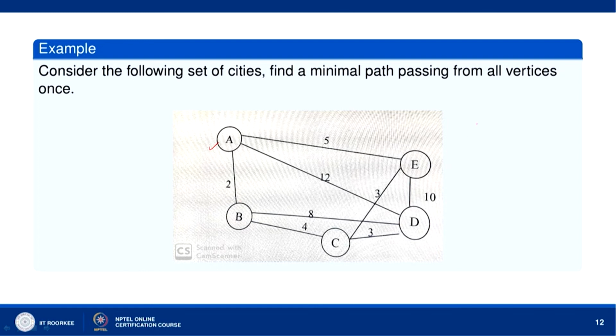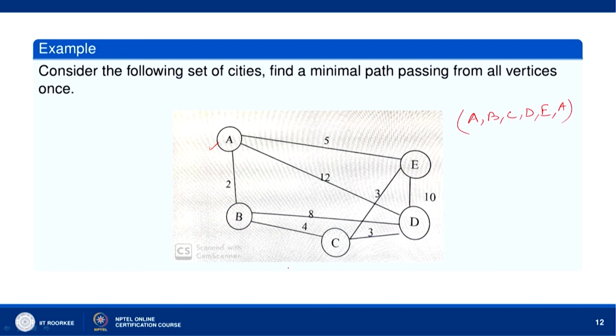We have the path A, B, C, D, E and back to A. This is one path.